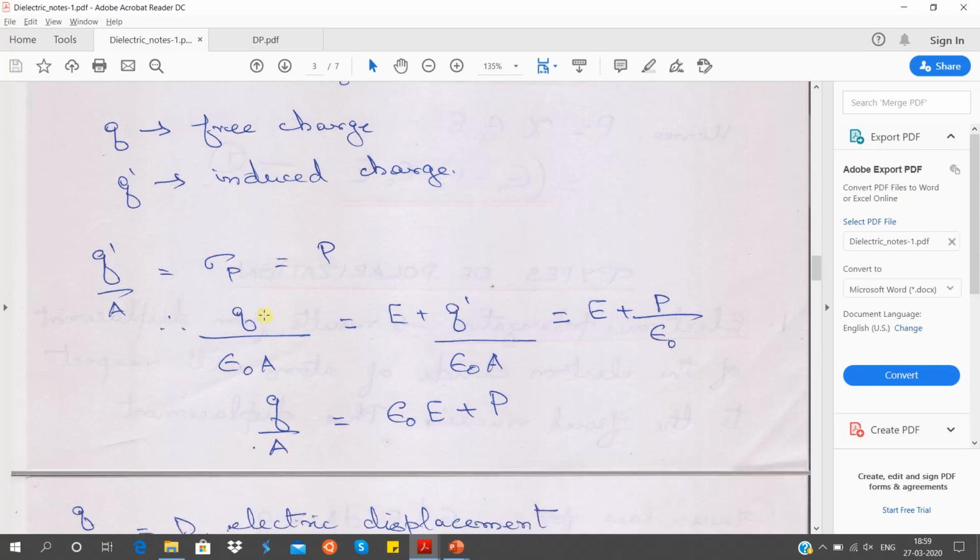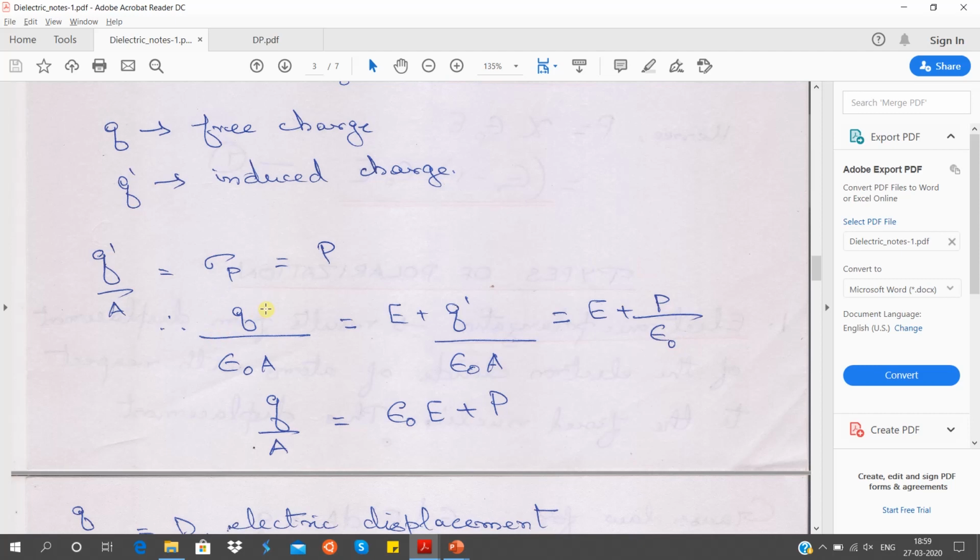So the resultant is Q by epsilon naught A equals E plus Q prime by epsilon naught A. And Q prime by A was sigma P, which was P, so it becomes E plus P divided by epsilon naught.